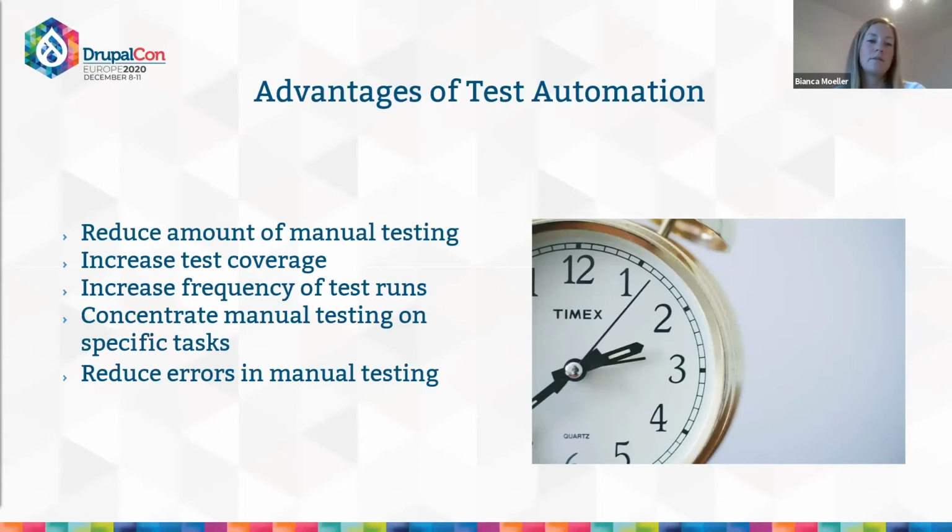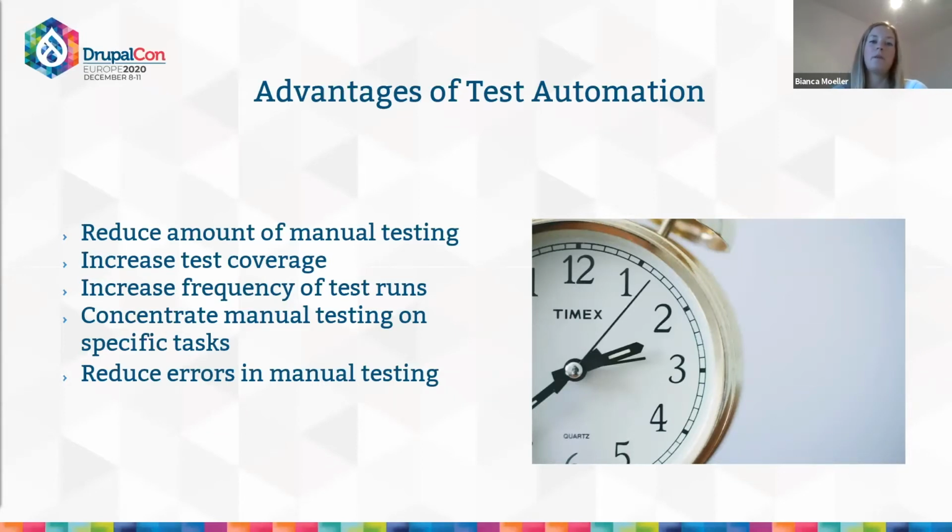Then you can just run it more frequently, so you also have more security that everything is working fine without a lot of additional effort. And if you think of that, manual tests can also be error prone.